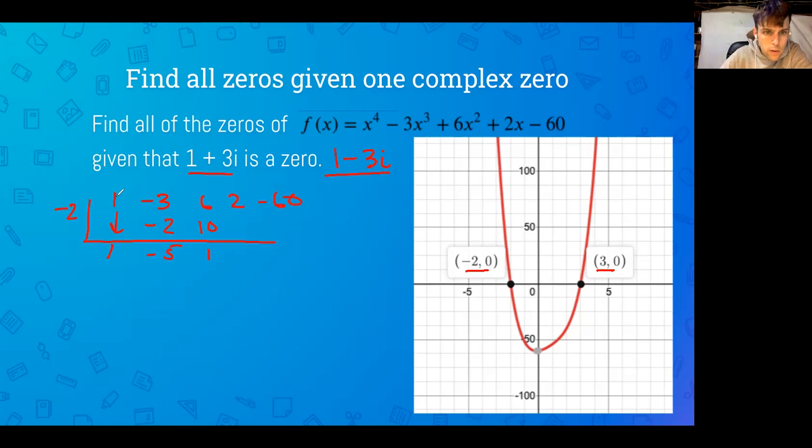All right, so bring down the 1, -2. Add those together, -3, 10, 16. Multiply these together, -32. Multiply here, we get 60. Okay, yeah, remainder 0. I was worried there for a second that I had made a mistake, but nope. Remainder 0, we're good.